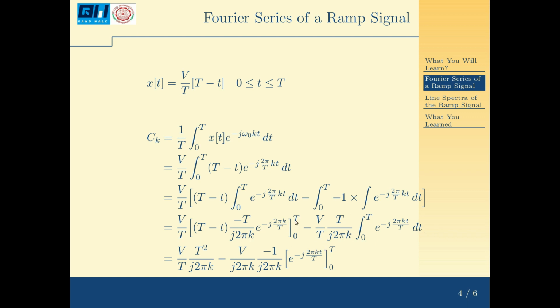Let us look at the first term. When I apply the upper limit, small t equal to capital T, the whole term vanishes, because capital T minus small t becomes 0.